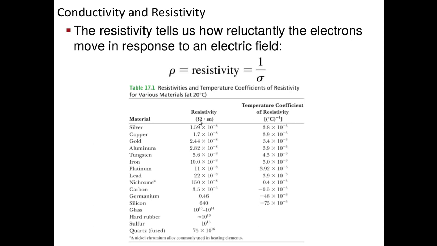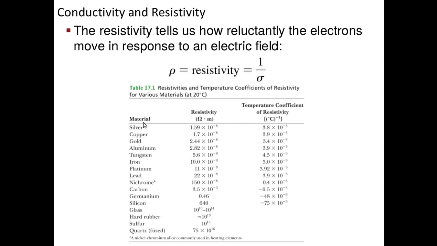If you see a rho with units of ohm meters, we're talking about resistivity. So resistivity is the inverse of the conductivity. It's how difficult it is for electrons to be passed through as a reaction to electric field strength.